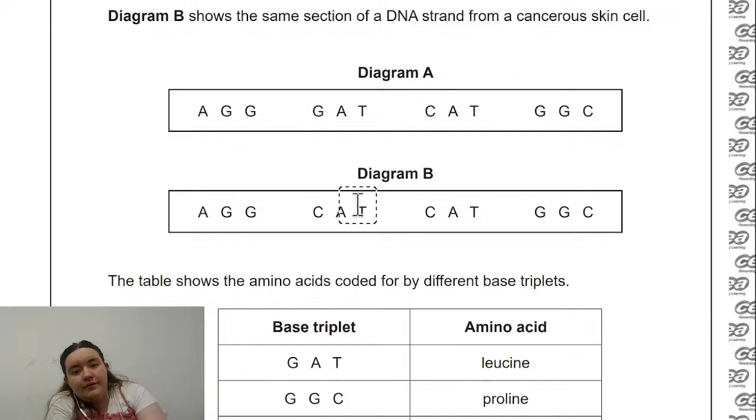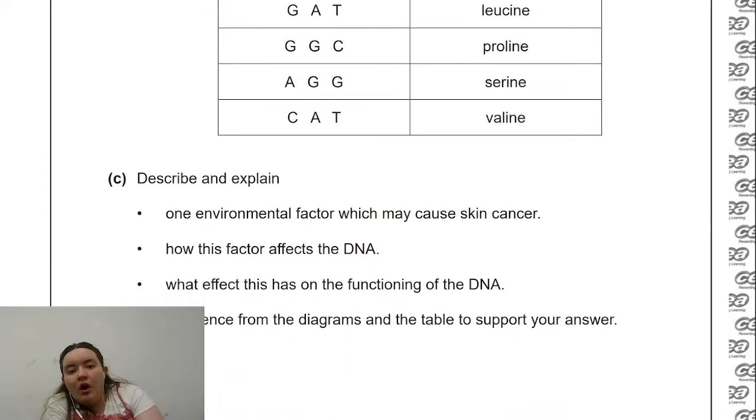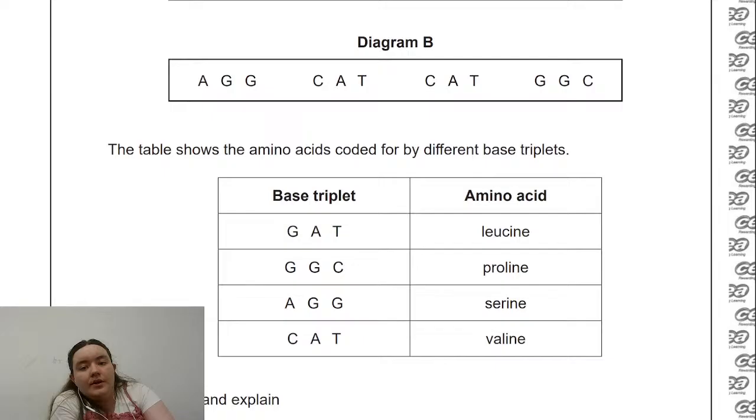In this case, from diagrams A and B, it changed a G to a C. So instead of coding for serine, then leucine, then valine, then proline, it stops coding for the leucine and codes for double the amount of valine, which means you're not getting the same amino acids.